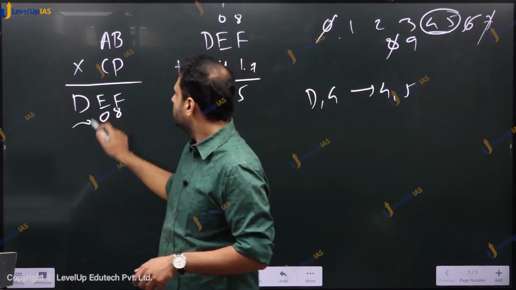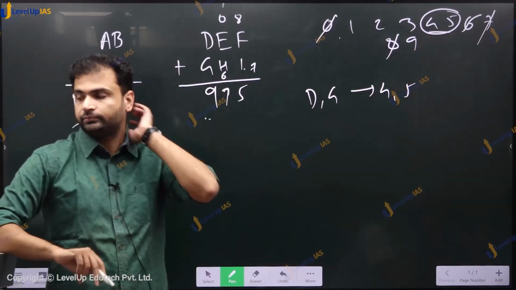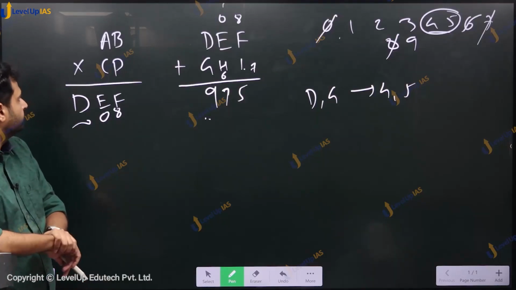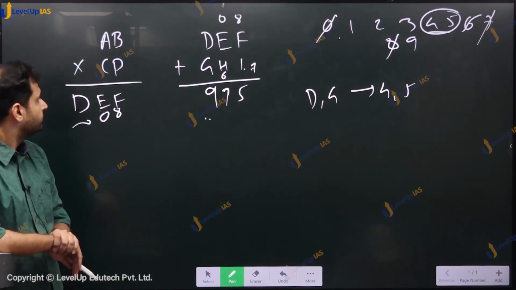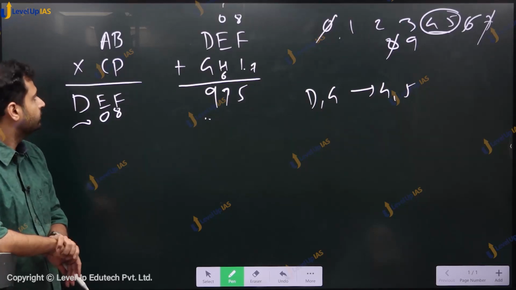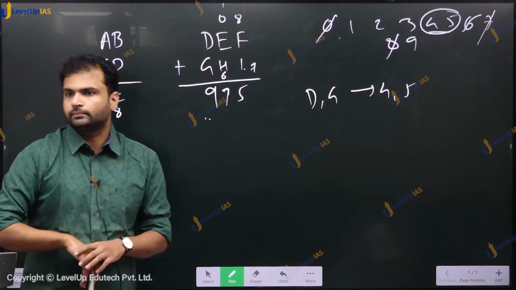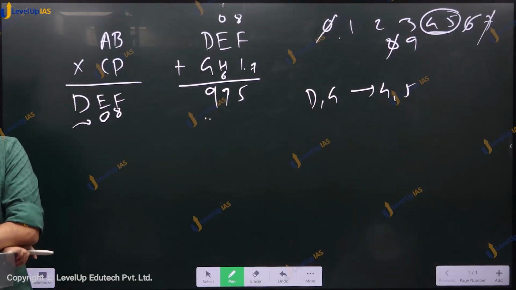So here we either have 4 or we either have 5. Can you proceed? हो गया?